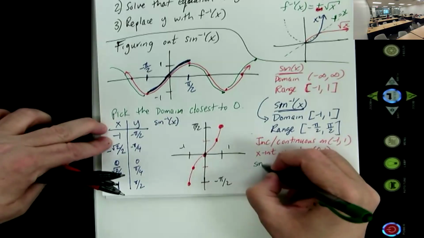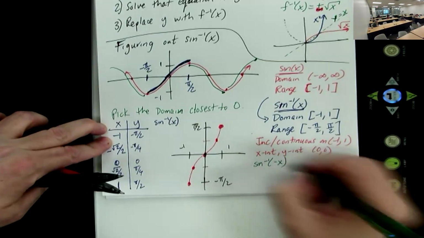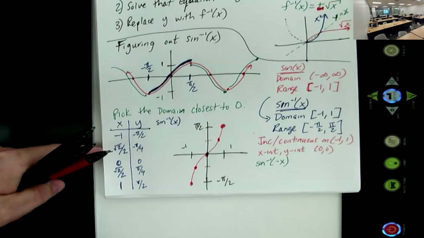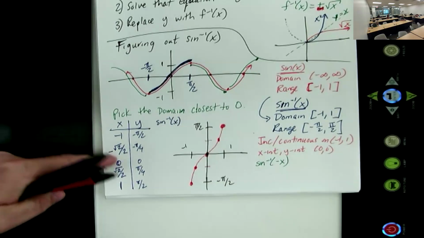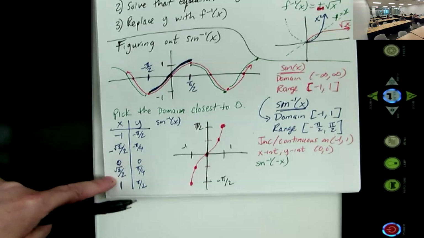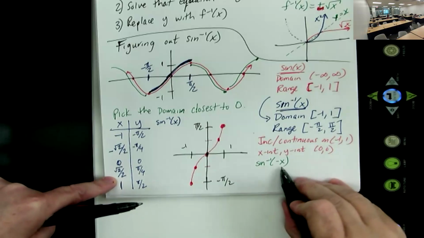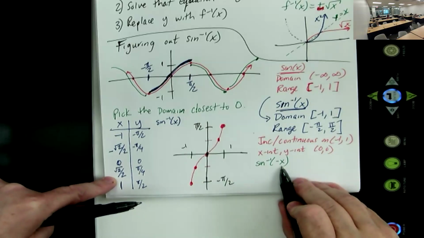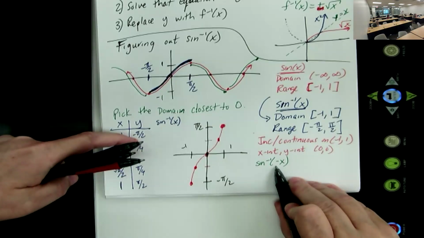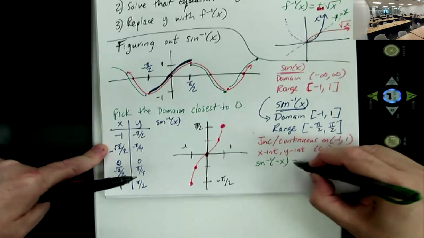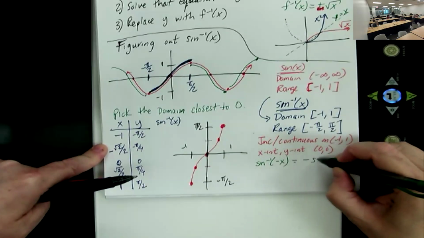If I put in negative x, so if x is square root of 2 over 2, I'm evaluating it at pi over 4. If my x is negative square root of 2 over 2, I get negative pi over 4. And that's kind of like sticking in this value. Sine inverse is an odd function.